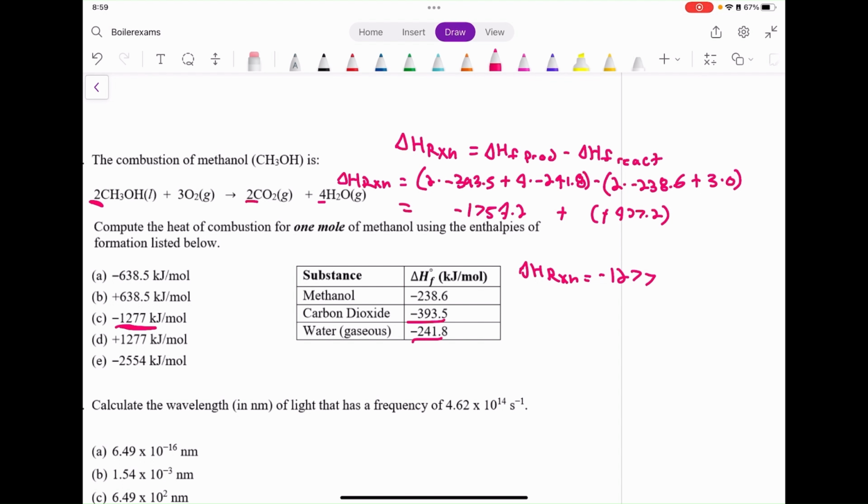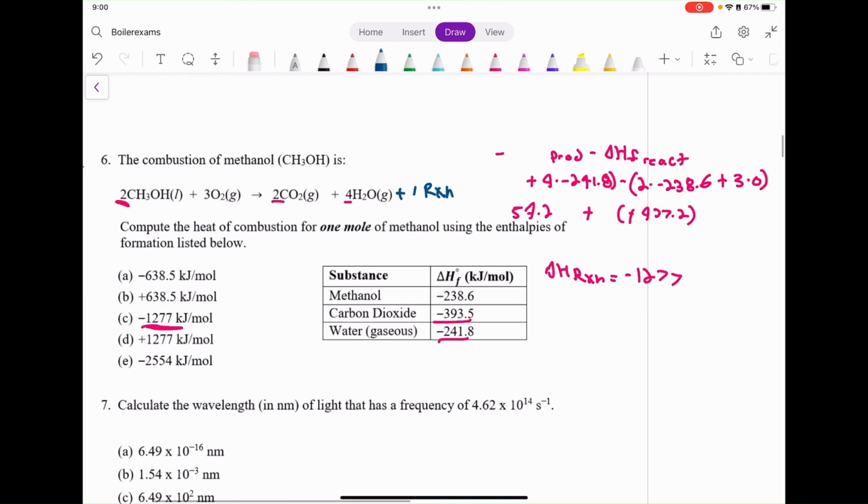Now this would be if we were assuming a stoichiometric ratio of 1. So if there was some arbitrary product or other species, this is for 1 mole of reaction continuing. But we want to do it for 1 mole of methanol, so we're going to need to divide by 2 because it is a stoichiometric ratio of 2, and we want it per mole of methanol, not per 2 moles of methanol.